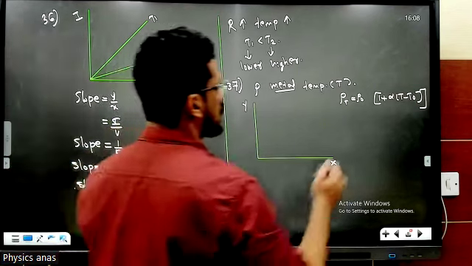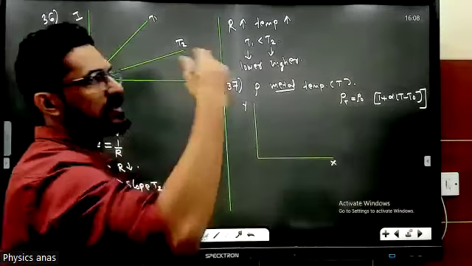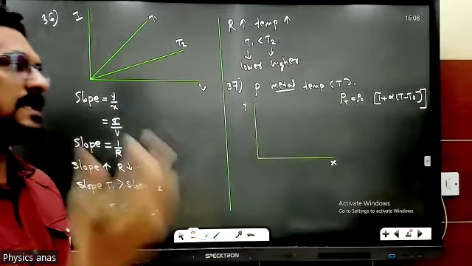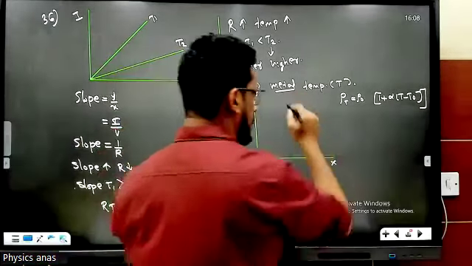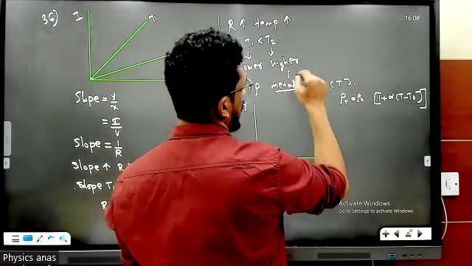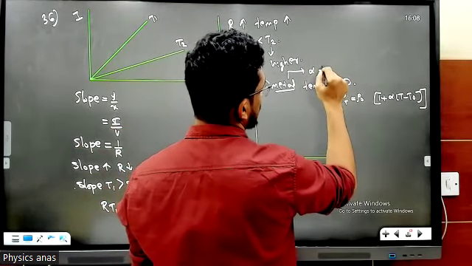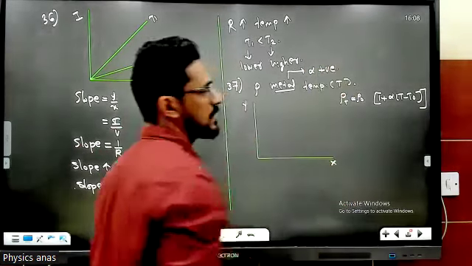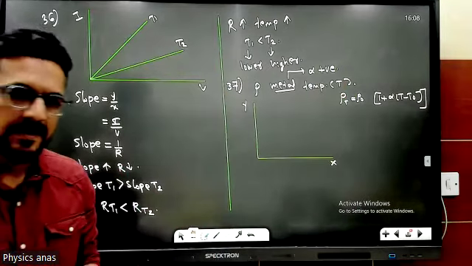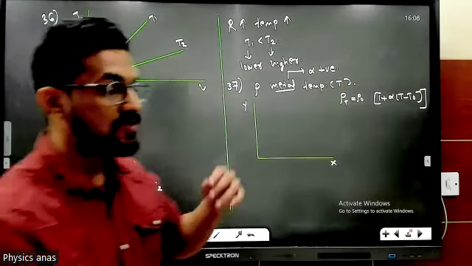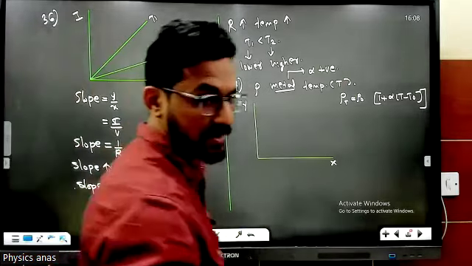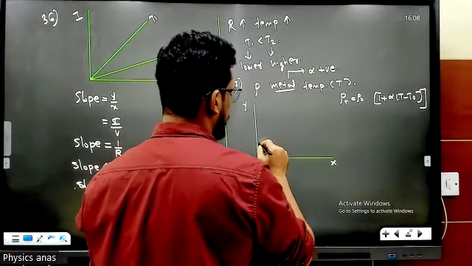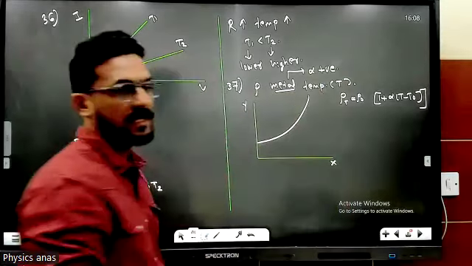It is our equation. So that means as temperature increases, resistivity increases. And for metals, alpha is positive. As temperature increases, resistivity increases, but they are not directly proportional. So the graph will be like this.